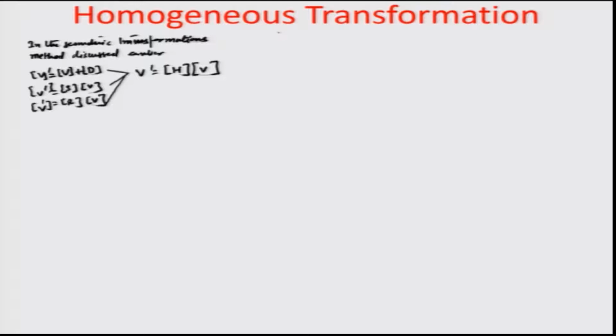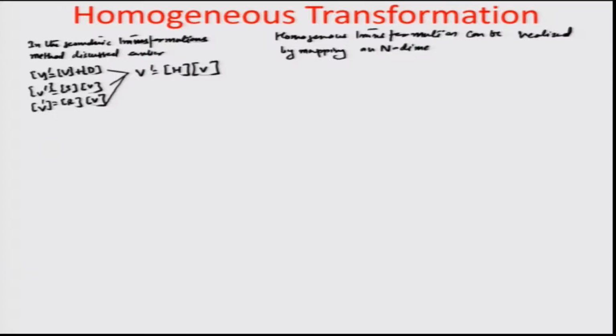So, we bring in homogeneous transformation, which can be realized by mapping an n dimensional space into n plus 1 dimensional space.